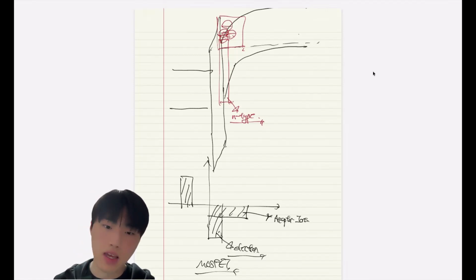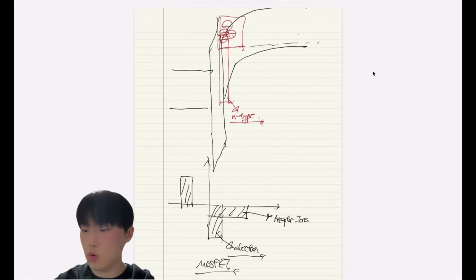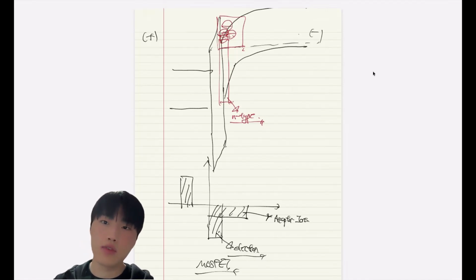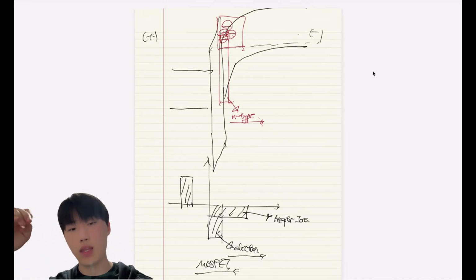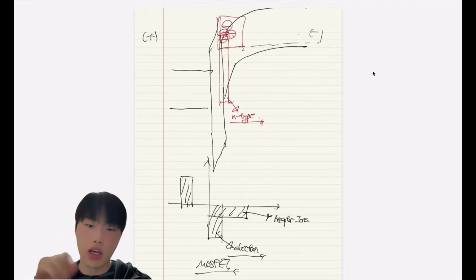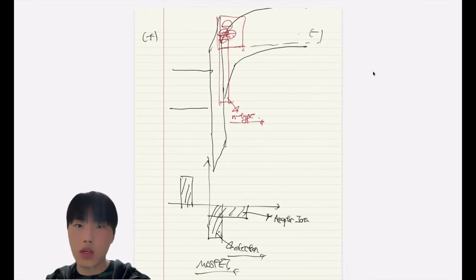The MOSFET means MOS and FET. MOS means metal oxide semiconductor and FET means field effect transistor. So we apply a bias on it, and the bias will have some field effect on the surface part. In the energy band diagram the electrons feel the electric field, so they go to the surface.